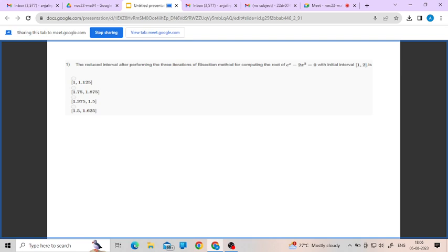Okay, and the initial interval is given as 1, 2. So proceed using bisection method.